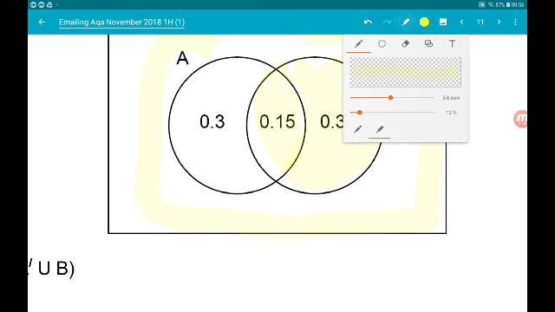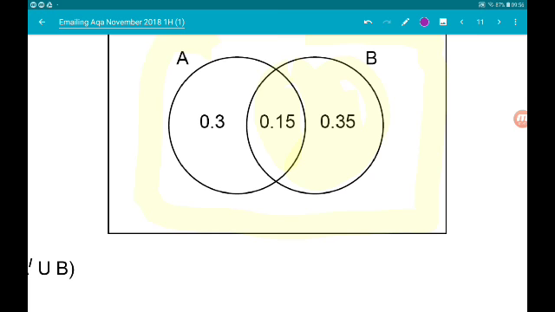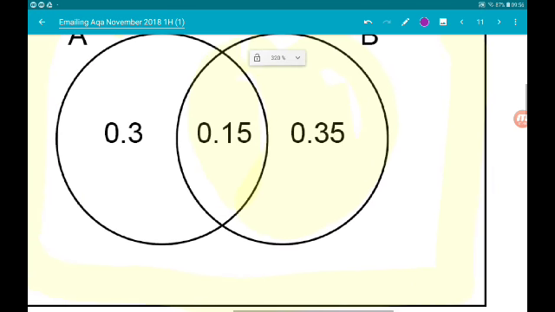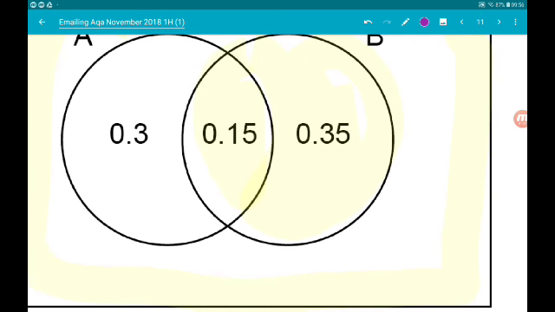So we need to work out the probability in the rectangle. So, probability, remember, always adds together to give us 1. So at the moment, these probabilities are 0.3 and 0.15, which is 0.45, and 0.35 gives us 0.8.